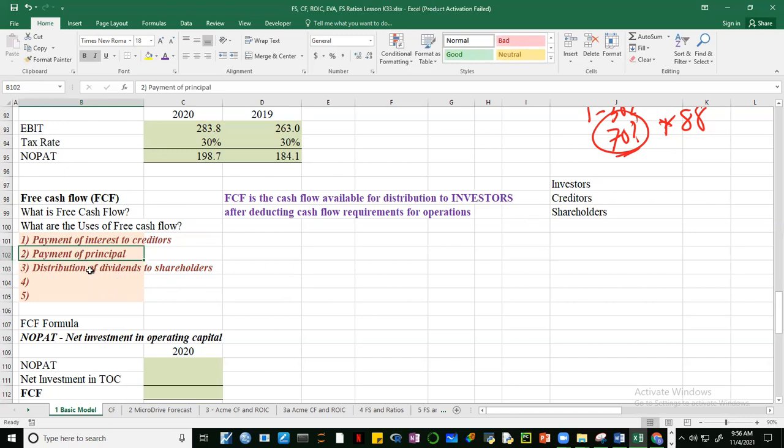Okay, what else, guys? We have two others. Two other uses of free cash flow. Any suggestions?